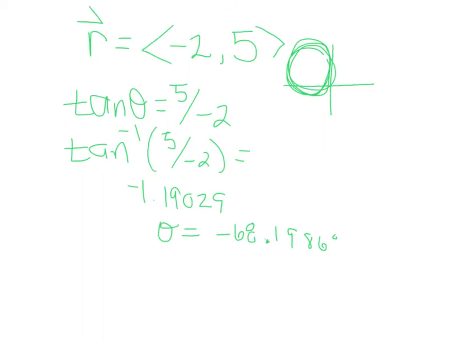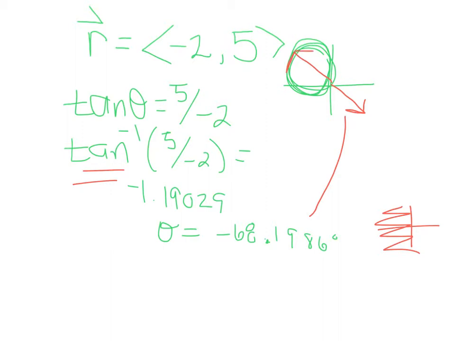The problem with this and the trick in this problem is the following, and this is another reason why I told you to draw it. This is down here. Because remember when we did arc functions, which is what we used right here, we had the hot lava over here. When you do arctan, you're never going to get an answer in the second or third quadrant, so we had to do a little bit of math. I know that I need to be negative 68 degrees below the line, but I need to be the same thing in this quadrant. So it's going to be negative 68 degrees, or 68 degrees above the line.